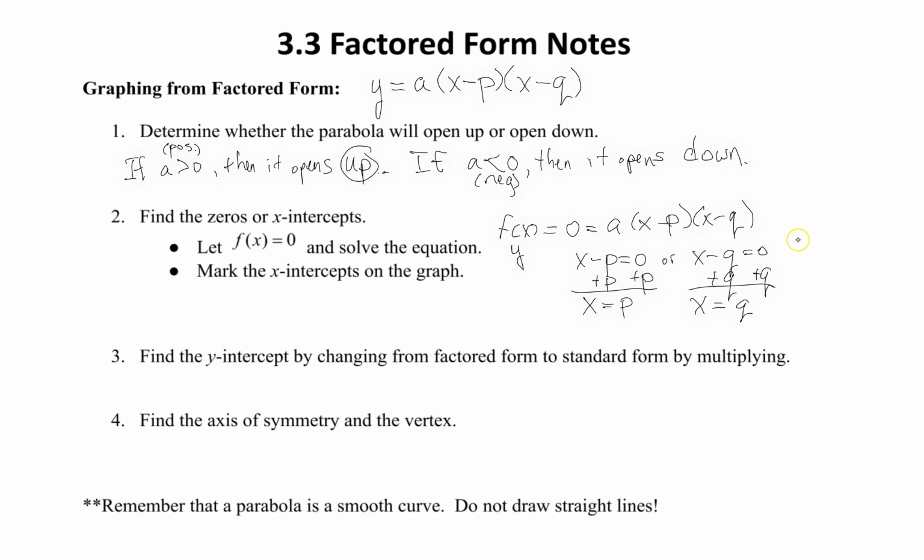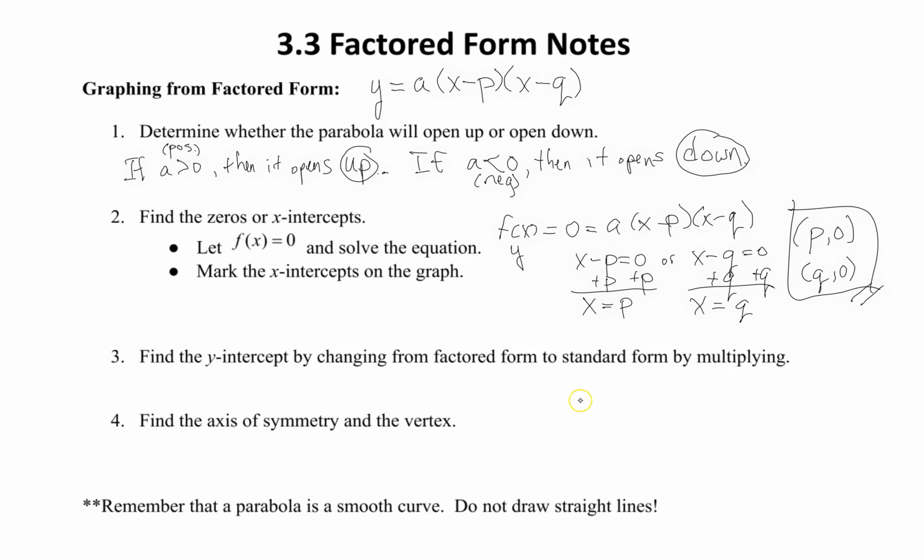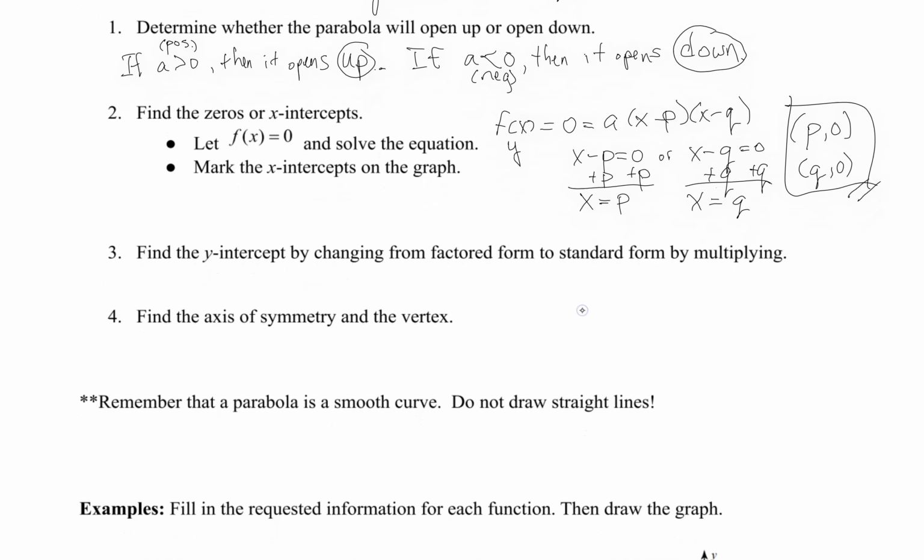So our two x-intercepts would be (p, 0) and (q, 0). I'm going to circle that just to get in the habit of circling our answers. Then we'd mark those intercepts on the graph, and we'll see that when we get to an example.